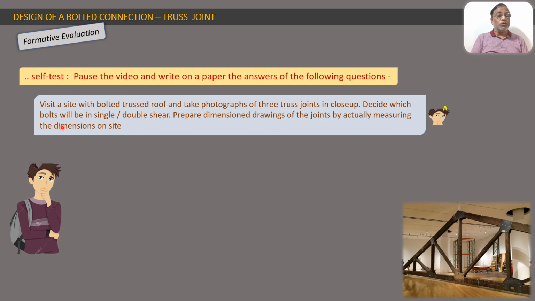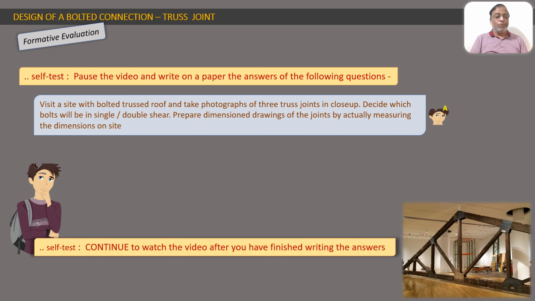Decide which bolts will be in single shear and which bolts will be in double shear. Prepare dimensioned drawings of the joints by actually measuring the dimensions on site. So do this exercise by visiting a real site of steel structure. Now, if you have understood what is to be done, let us continue to watch the video.